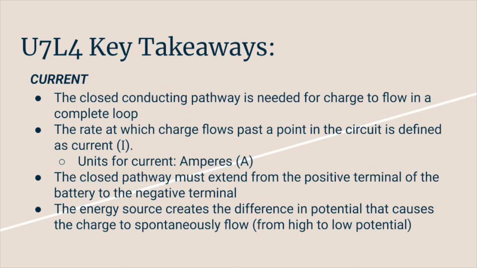Then the charges have no energy. They come back around to the negative terminal, wherein the battery does work on each charge, again, to add whatever amount of joules of potential energy. And this energy source, the battery, creates the difference in potential that causes the charge to spontaneously flow from high to low potential.